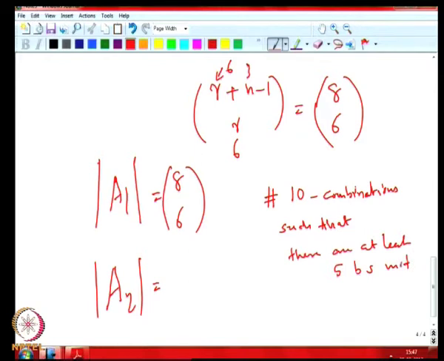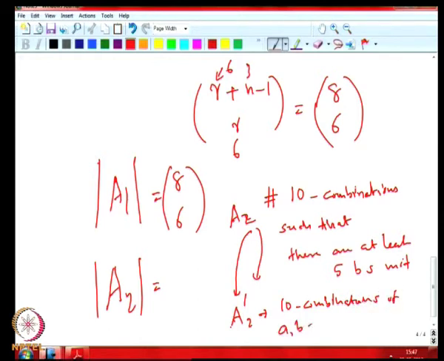By following the same argument as before, we can set up a bijection between A2 and say A2 dash, where A2 dash is, not 10 combinations here, because 5 B's are there, so 5 combinations of ABC.